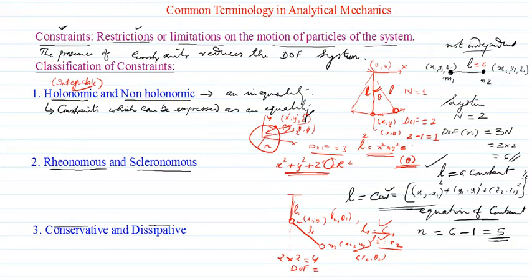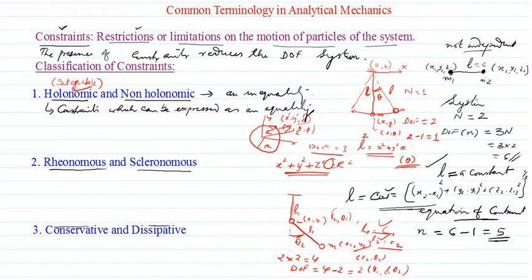So the degree of freedom will be 4 minus 2, which is equal to 2 only. And what are they? They are theta 1 and theta 2. So theta 1 and theta 2 are the two quantities required to specify the configuration, where theta 1 is the angle made by the first rod, and theta 2 is the angle made by the second rod with the pendulum.